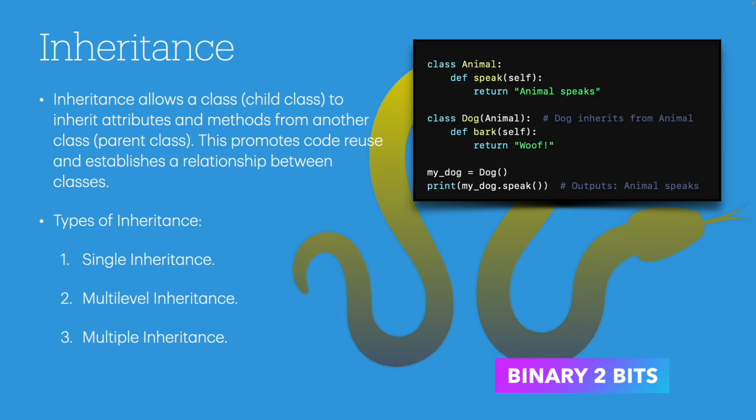And for multiple inheritance, we can define multiple parent classes like Animal and Breed, and then inherit them in a single class. Suppose there is an Animal and a Breed, then we define the class Dog with Animal, comma, Breed, and then we define our class properties, and that is multiple inheritance.